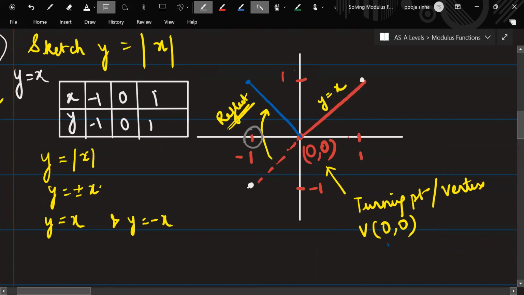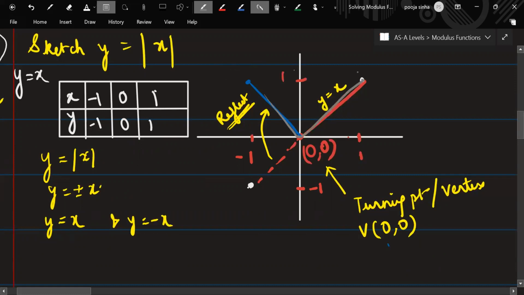When you reflect over the x-axis, only the y value will change, not the x value, correct? So this point, which was here as -1, -1, what does it become here? It becomes -1, 1. Bas. And that's how you sketch your graph.